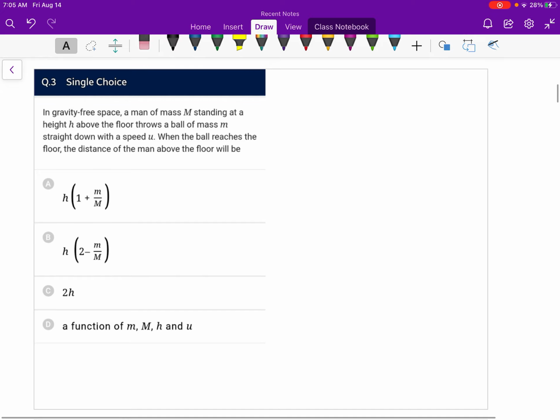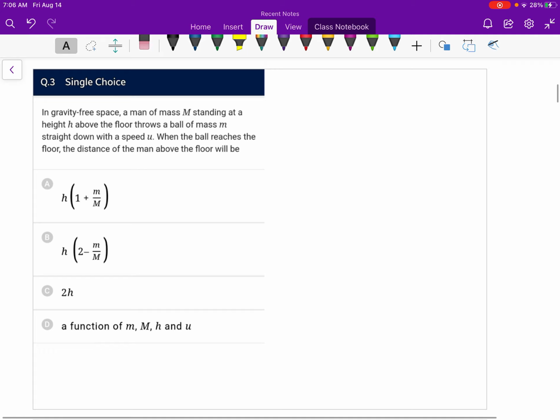In gravity-free space, a man of mass M standing at height h above the floor throws a ball of mass small m straight down with speed u. Space is gravity-free, so the center of mass of the man plus ball system will remain fixed. This is the floor and this is height h. Initially the center of mass of the system is at height h. Now when the ball reaches the floor, the man will move upwards.